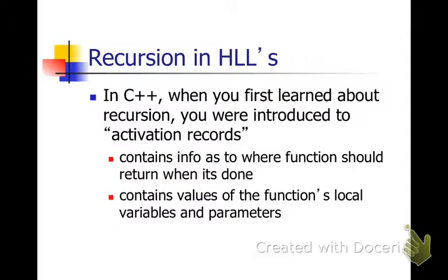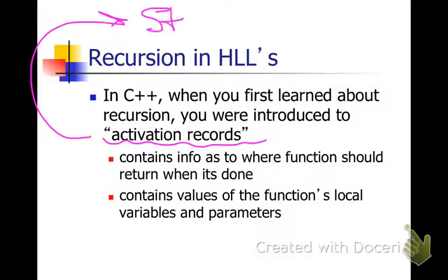In C++, again, this is more of a review. When you first learned about recursion, you were introduced to activation records. An activation record is the same thing as the stack frame or the entry code: what you do to get ready before you ever execute a function.